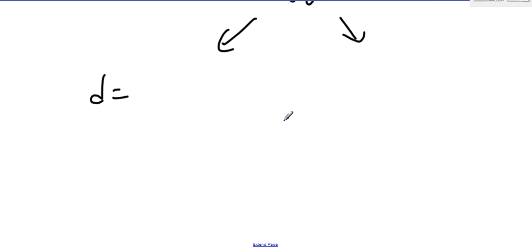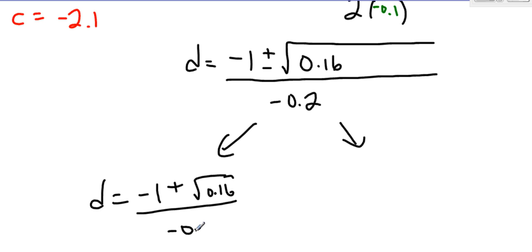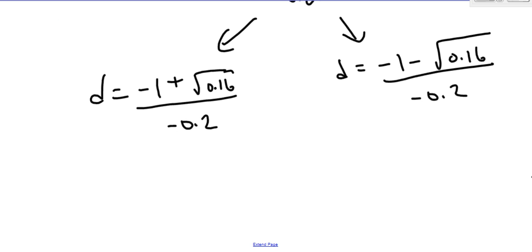So d equals negative 1 plus root 0.16 over negative 0.2, or distance equals negative 1 minus root 0.16 over negative 0.2. So over here, the square root of 0.16 is 0.4.